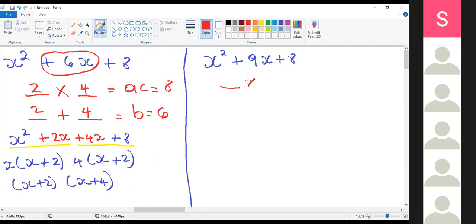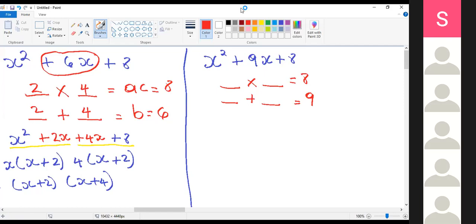I need two numbers that when I multiply them, I get AC, which is 8 times 1, so I need to get 8. And then when I add them, I need to get 9, right? What are those two numbers? Anybody can come up with them for me? Anybody there? Or I'm here by myself now?